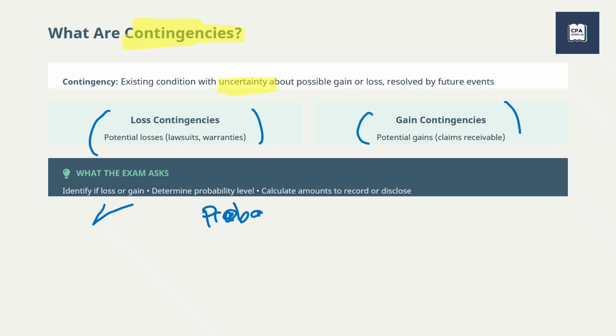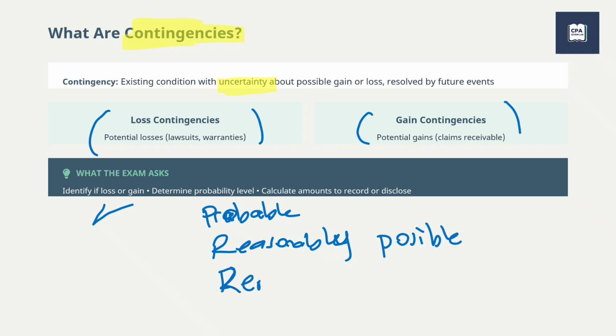Is it reasonably possible, or is it remote? Basically, the exam wants to know if we can determine the probability level, and then whether we can calculate the amounts to record or disclose.